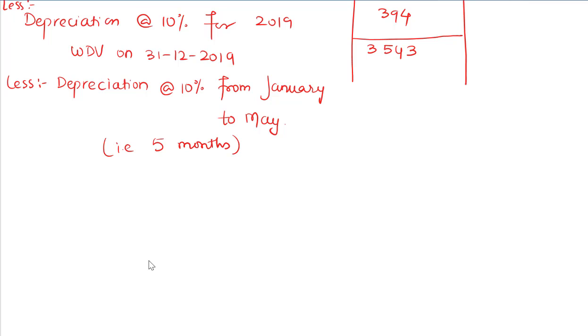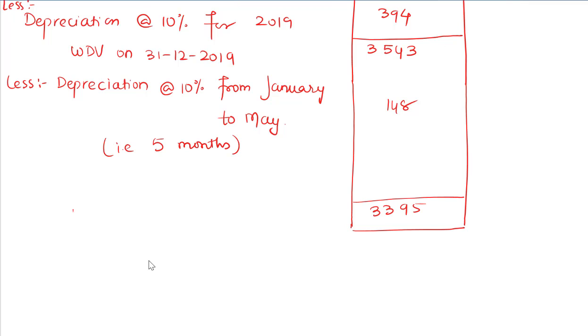So this would be 148. 3,543 minus 148 is 3,395. WDV on 1/6/2020, 3,395.